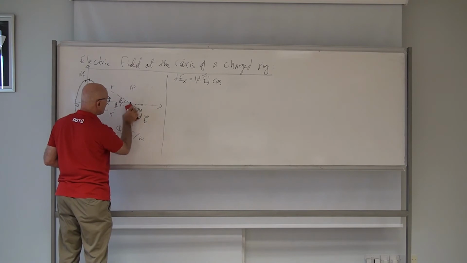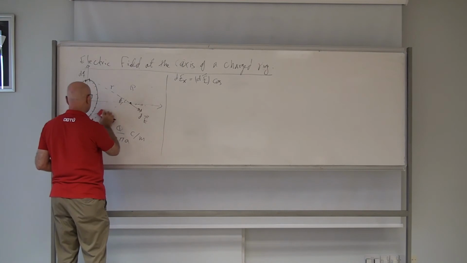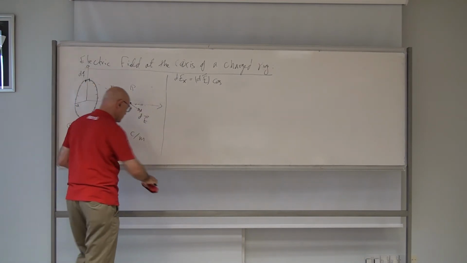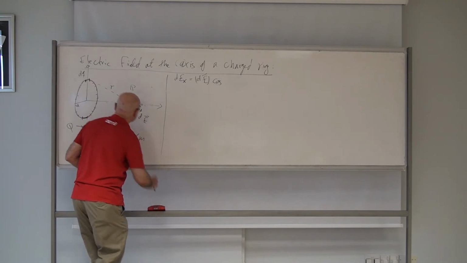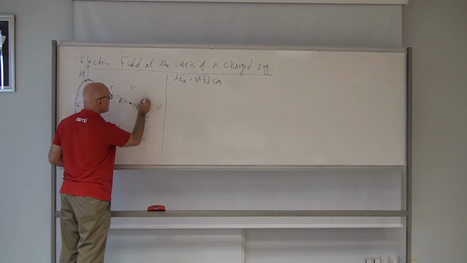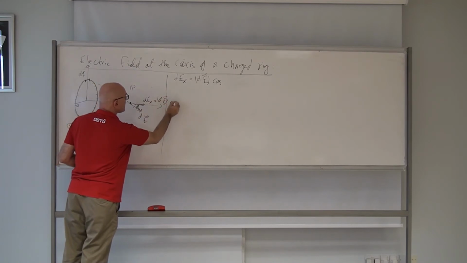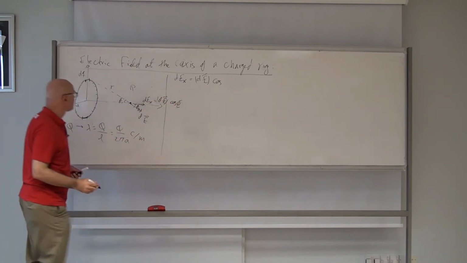I remove the y component also here. Let me remove this to make things less crowded. So this is phi, this is also phi, and so this is dEx, which is equal to dE cosine phi.